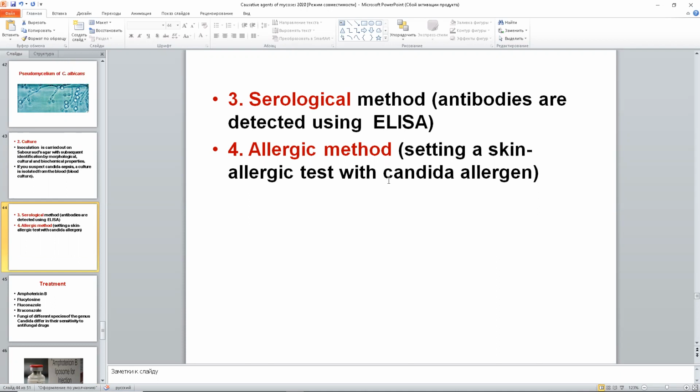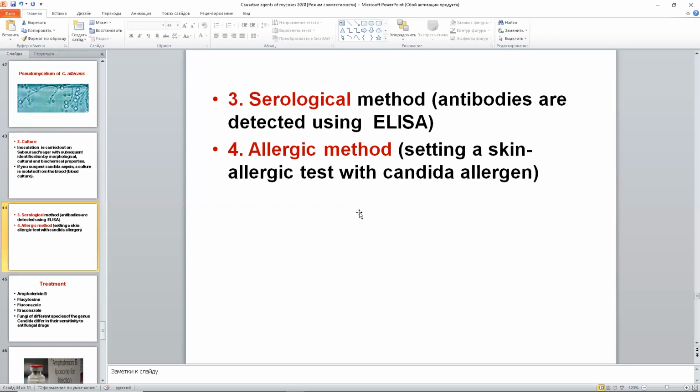In the case of Candida, a vaccine is not developed, so it is confirmation of diagnosis, because in other cases, if a vaccine is developed, like in the case of anthrax or tuberculosis, of course in vaccinated people we will see a positive result.